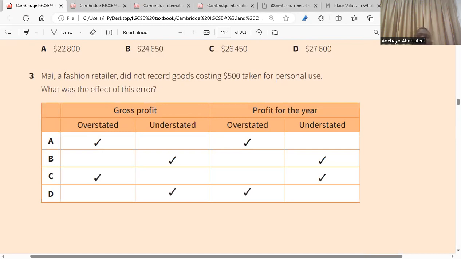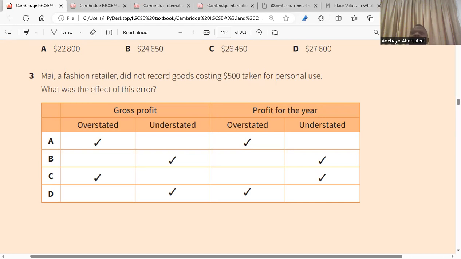And what happens to your profit for the year? Listen, because you have an overstated gross profit, it means your gross profit is more now.